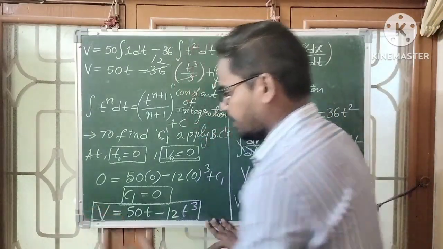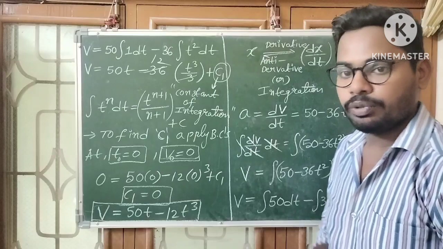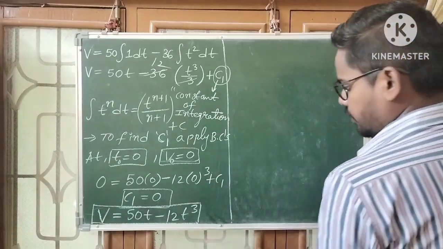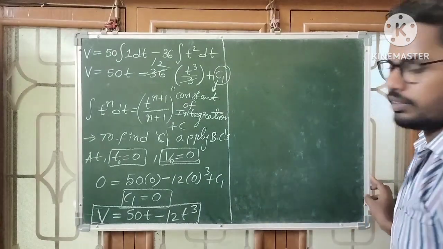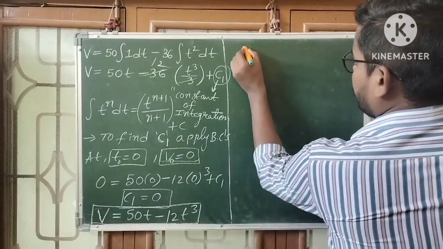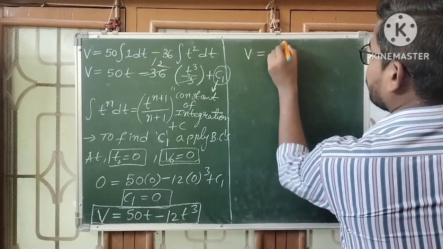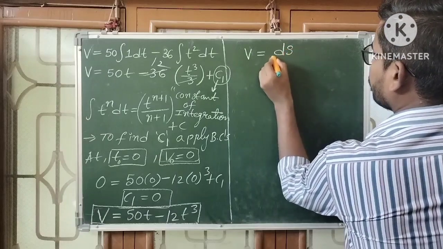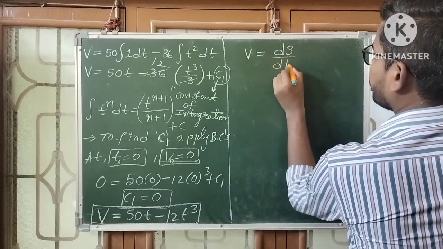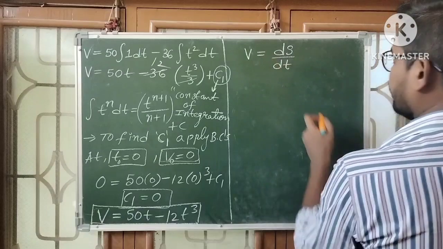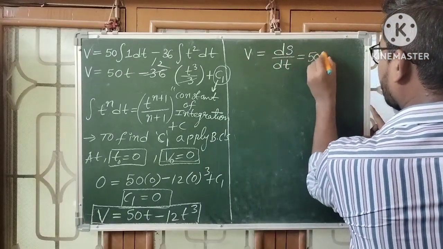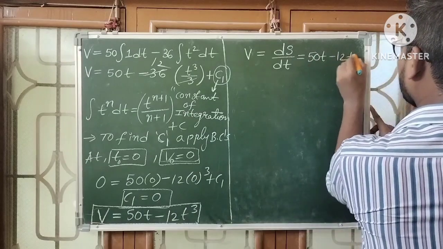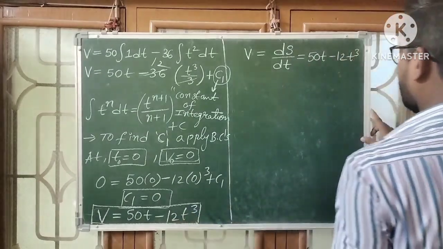Next let us find the equation of position. We have the equation of velocity; next we need the equation of position. We know that instantaneous velocity is equal to the rate of change of displacement with respect to time. So ds by dt, we need s. We know that v is equal to 50t minus 12t cube.